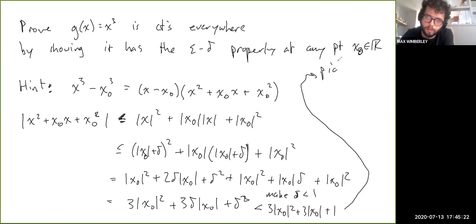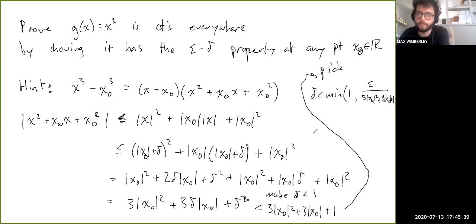Pick delta less than the minimum of 1 and epsilon over this stuff, so 3x naught squared plus 3x naught plus 1. Then that should suffice. You should be able to build a valid proof with that choice of delta. Okay.